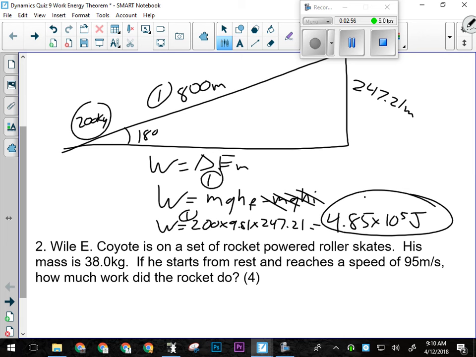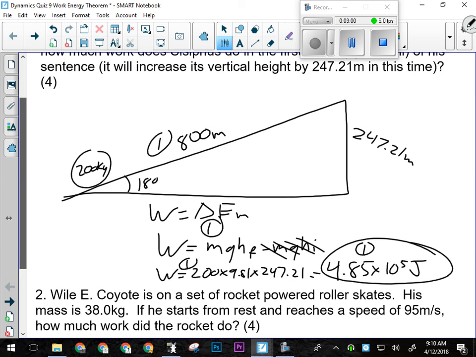Now, the other way that this could have been done would have been to treat it like an inclined plane. We could draw the internal triangle and find FG. It would have been 1,962 newtons. We'd have our normal force here. We'd have F parallel.